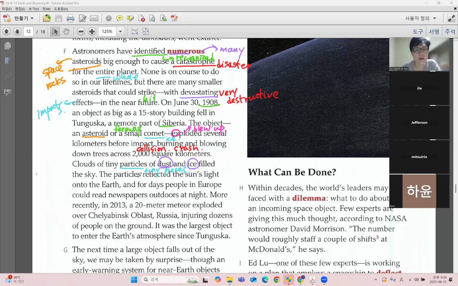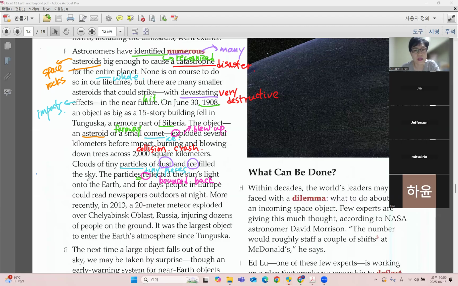And the particles reflected. What is reflected? Reflected means bounced back. The sun's light onto the earth.